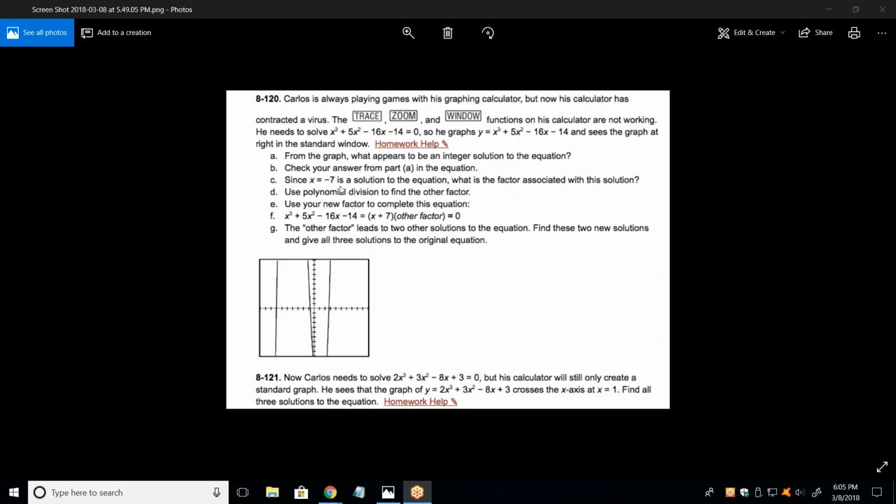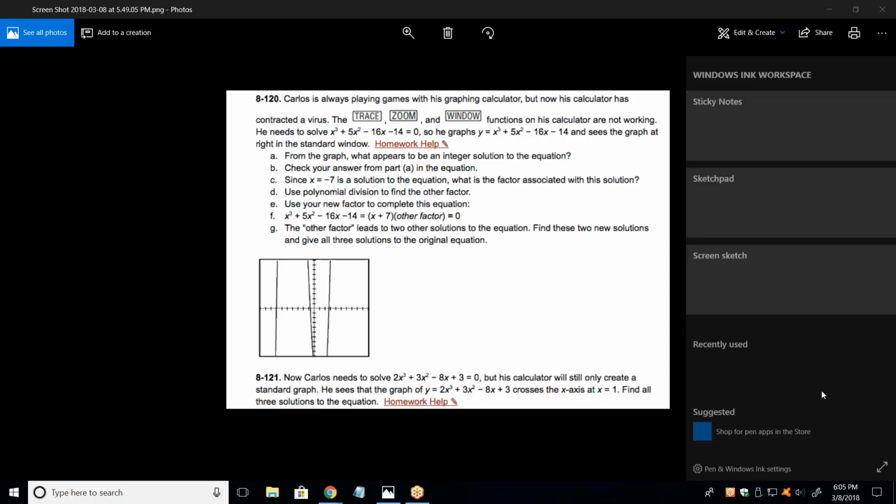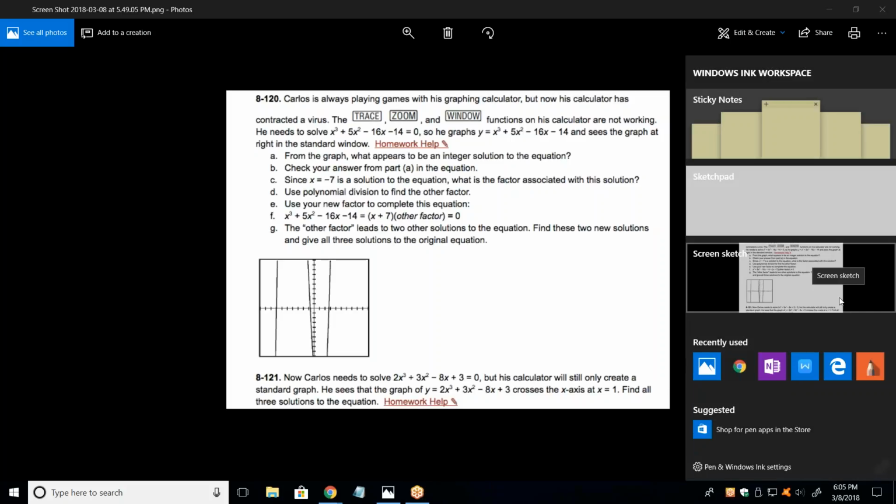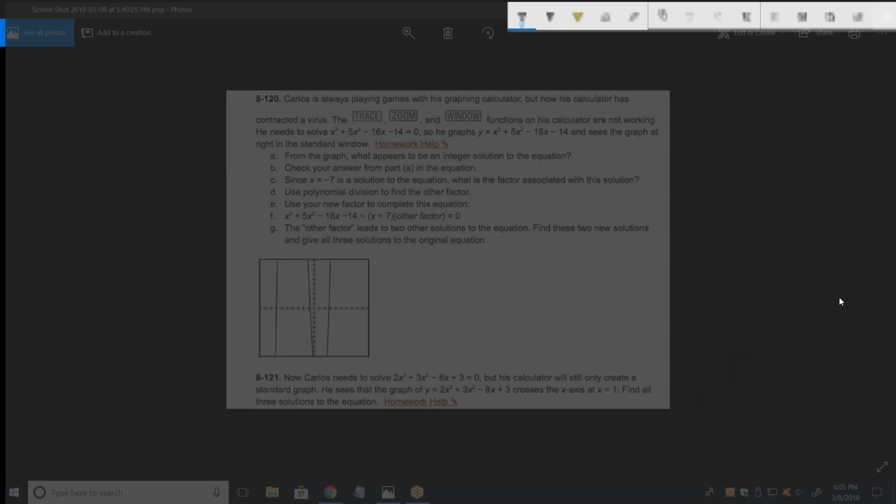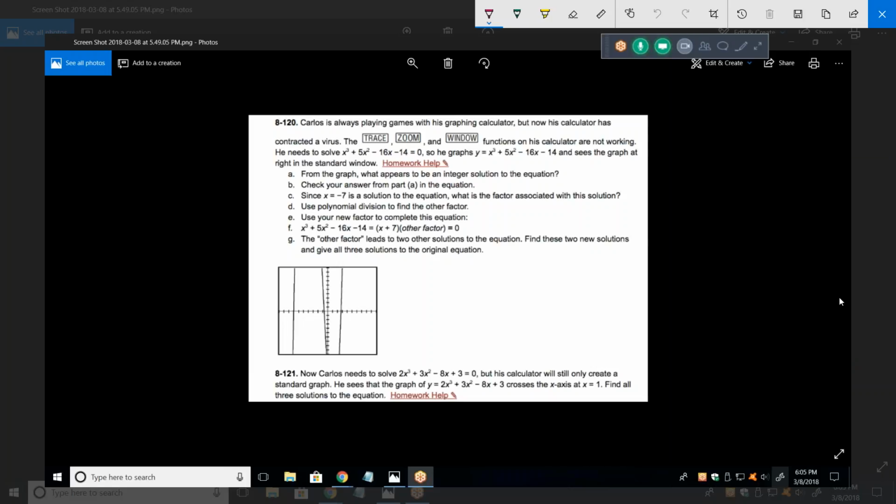Okay, now because -7 is a solution, what's the factor associated with that? How would you solve that? Okay, let me ask you another question, and as soon as you answer this one, you'll be able to tell me.